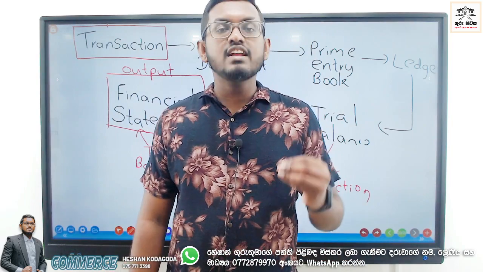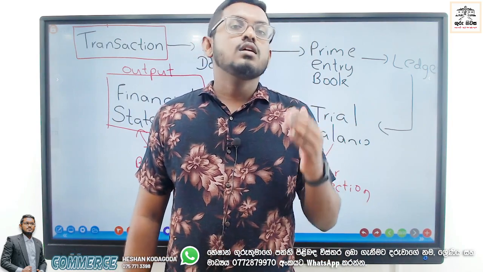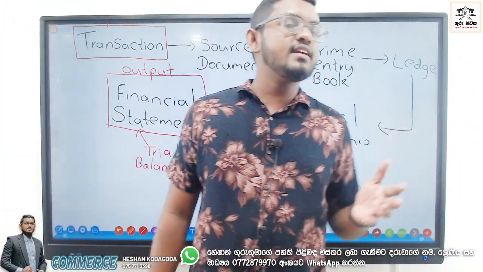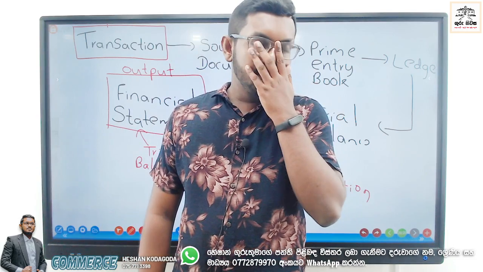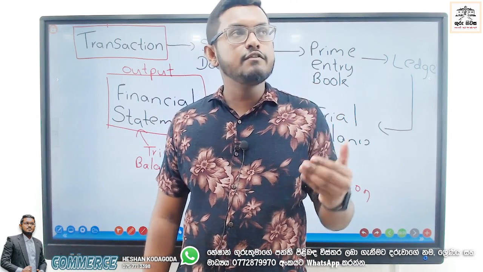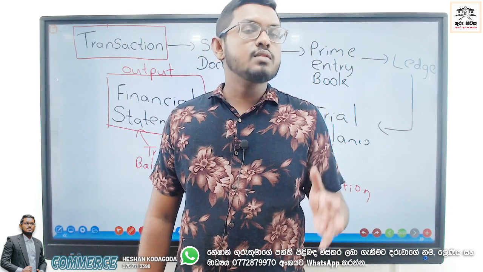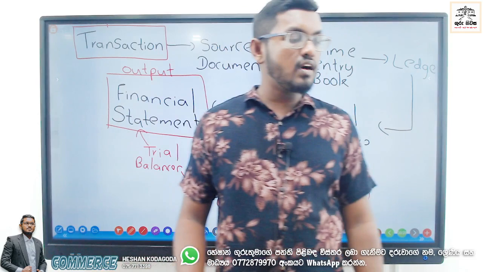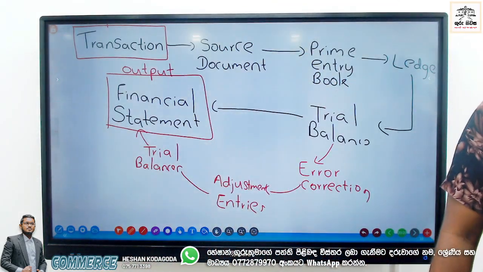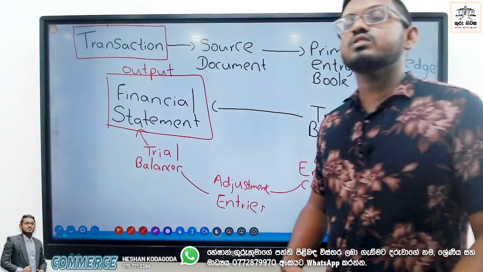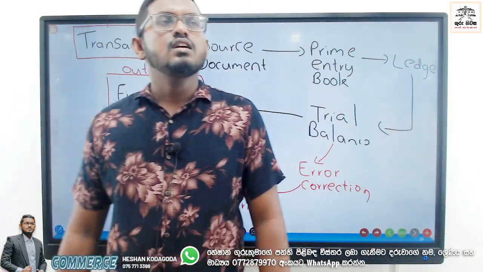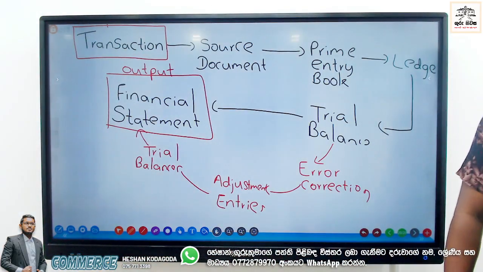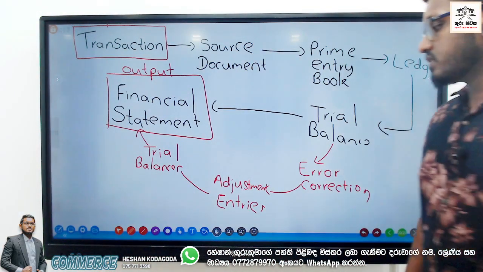Through financial statements. We can't provide our source documents and primary books to stakeholders, because we can't assume every stakeholder knows about accounting. They can refer to the financial statements, which are much easier, since they comprise only a few things.